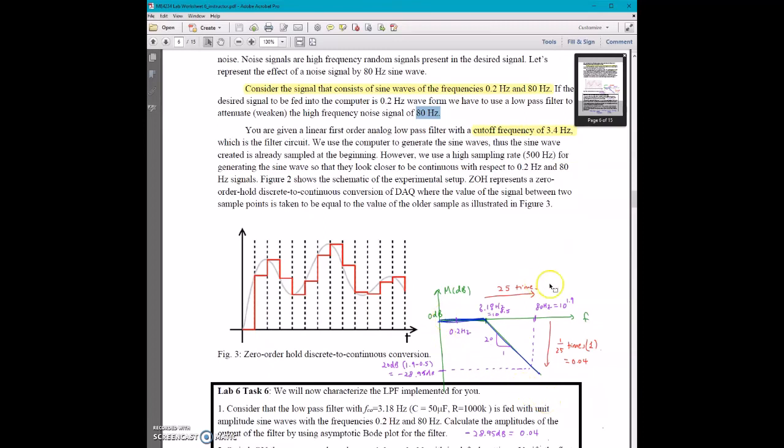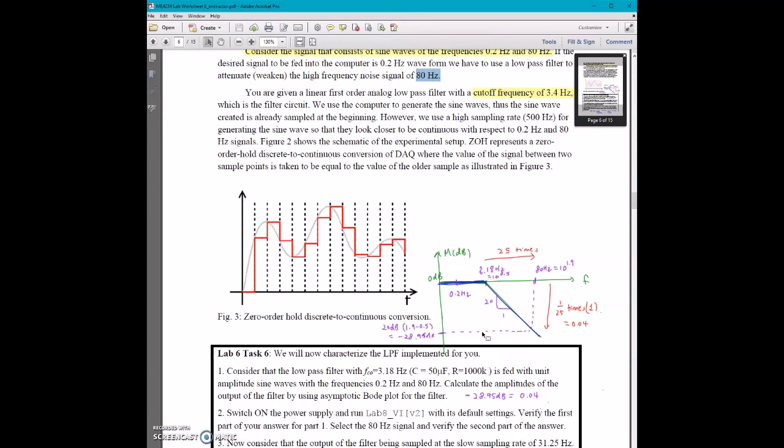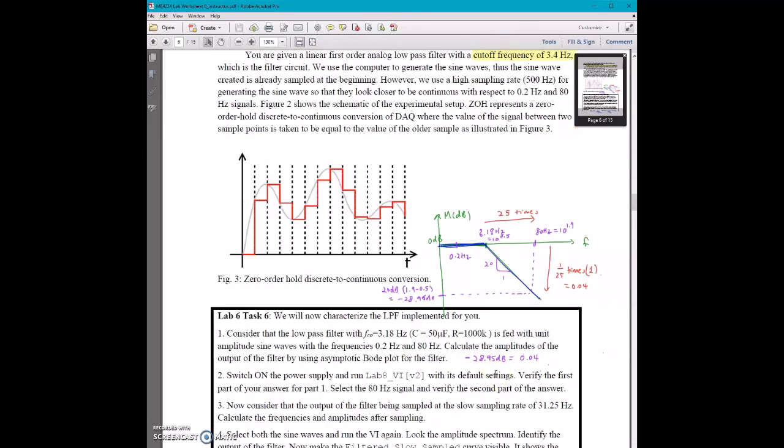After the filtering has occurred, when you try to digitize it, when you sample it at 31.25 hertz, you'll have aliasing. I want to teach you a much faster way of figuring out the alias frequency. Keep in mind that you stop when you get a number between plus and minus 15.625.